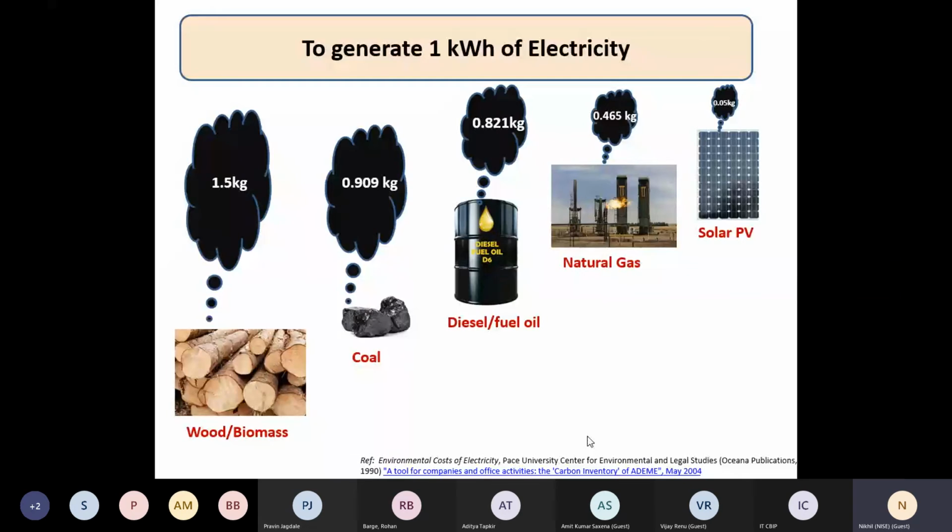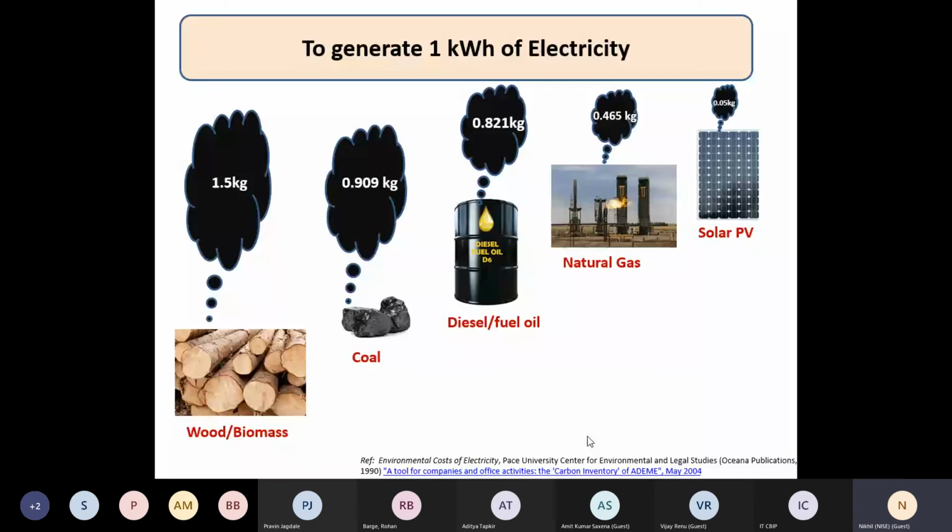But manufacturing this PV technology and transporting it to a different place are still energy intensive activities. So there is a small amount of CO2 associated with the entire life cycle of a solar PV power plant. But this CO2 emission is eventually mitigated over a period of its own operation, like 2 to 3 years. If it is in the field, it is mitigated. I mean, it is balanced.